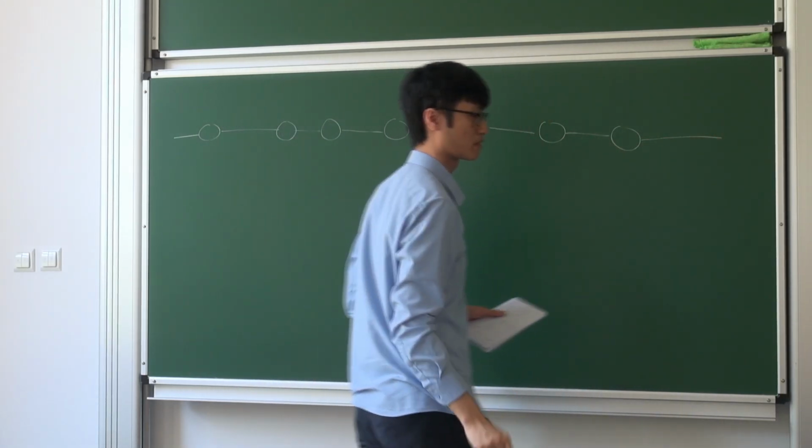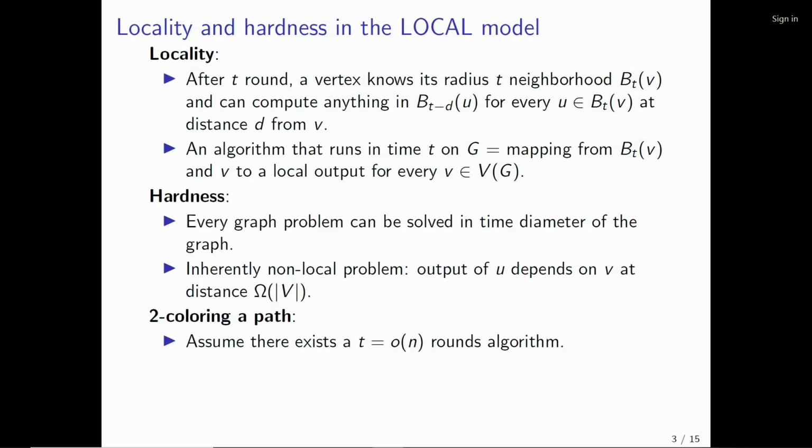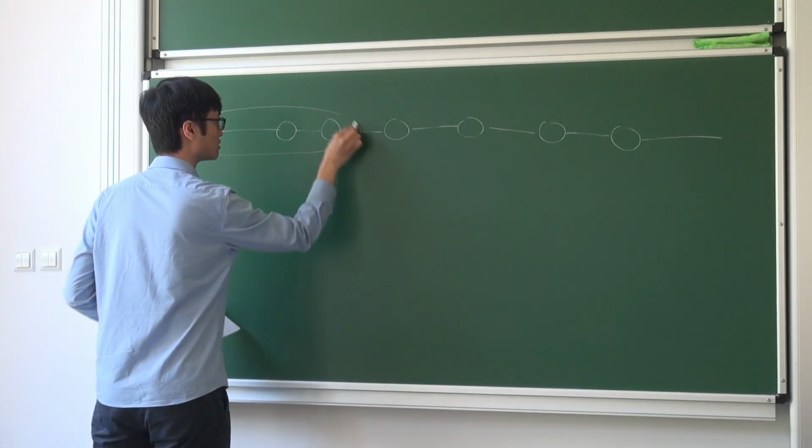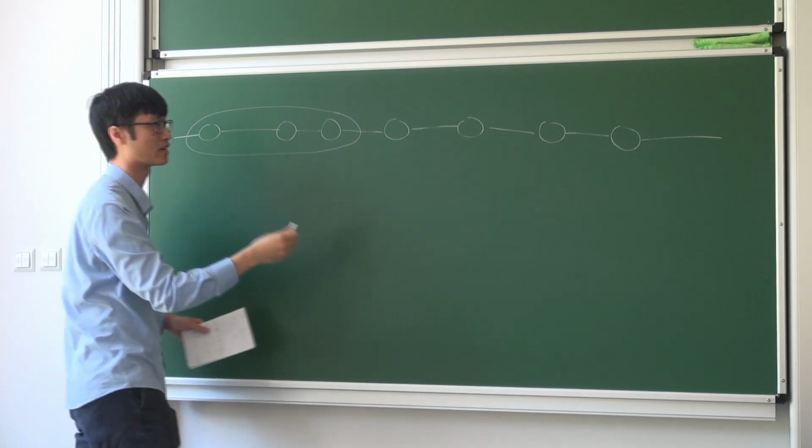And let us assume that there is some sublinear algorithm that colors my path. So what does it mean? It means that, for example, let's take this vertex. It only sees this part of the graph, and it has to produce some output.